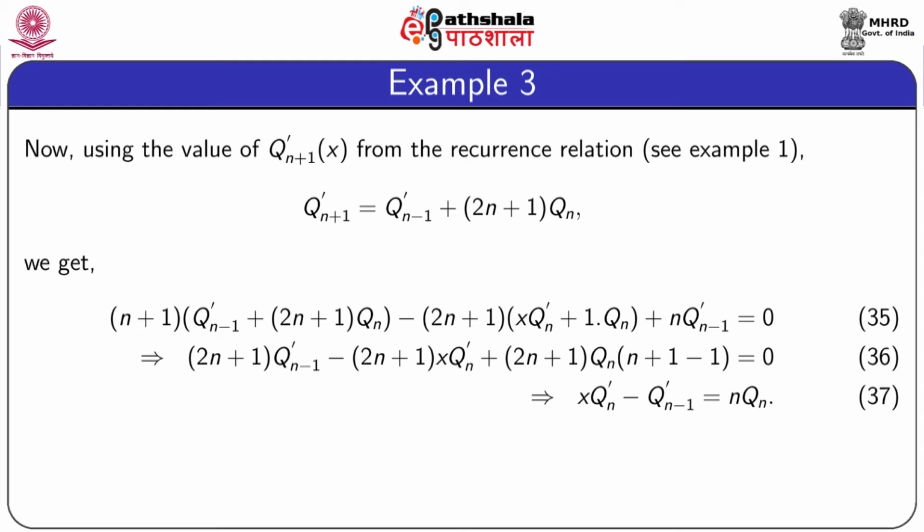And if you cancel 2n plus 1 from all these three terms, you arrive at equation number 37, which is x Q'n minus Q' n minus 1 is equal to n Qn, which is what we have to prove.